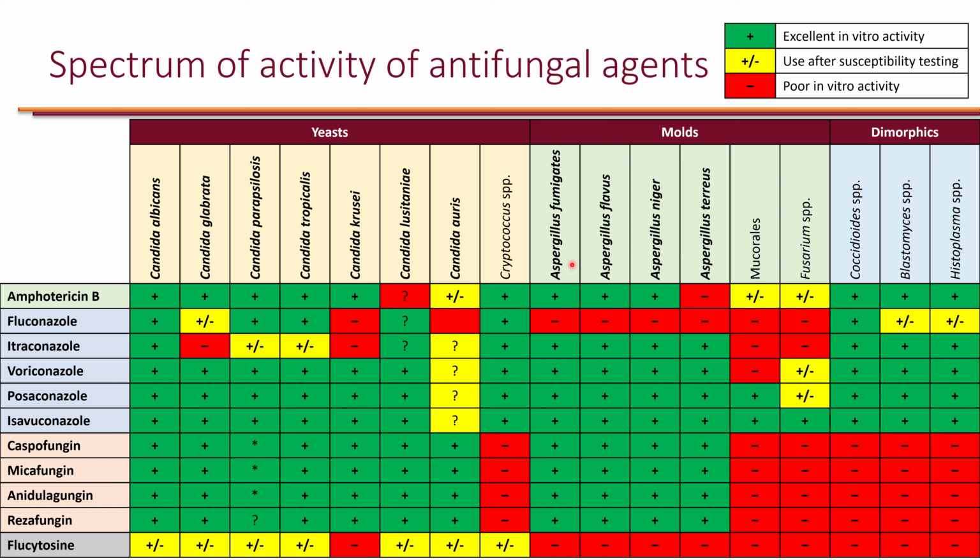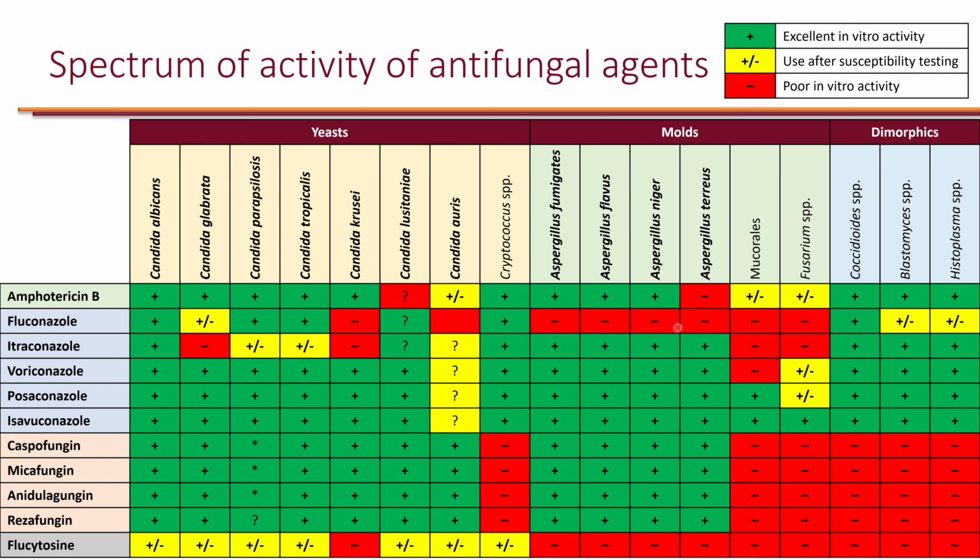Now next, let's take a look at molds. So then we have different Aspergillus species, and then we have the difficult molds like Mucorales and Fusarium. These are very nasty, resistant molds that cause a lot of mortality. So amphotericin B has good activity against most Aspergillus, but then it kind of becomes short when it comes to some of these other molds.